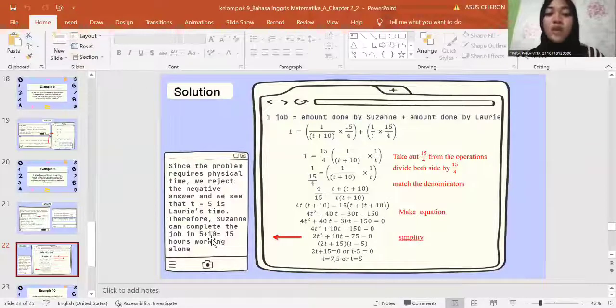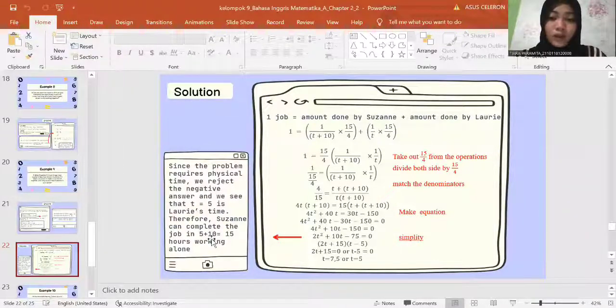Okay, one job is the amount done by Susan plus the amount done by Lowry. 1 equals 1/(t plus 10) times 15/4 plus 1/t times 15/4. 1 equals 15/4 times (1/(t plus 10) plus 1/t). Take out 15/4 and divide both sides by 15/4.